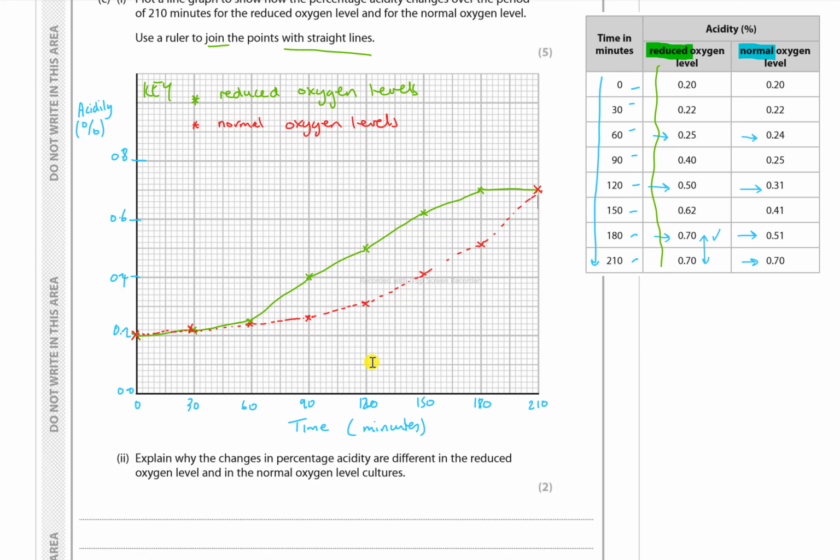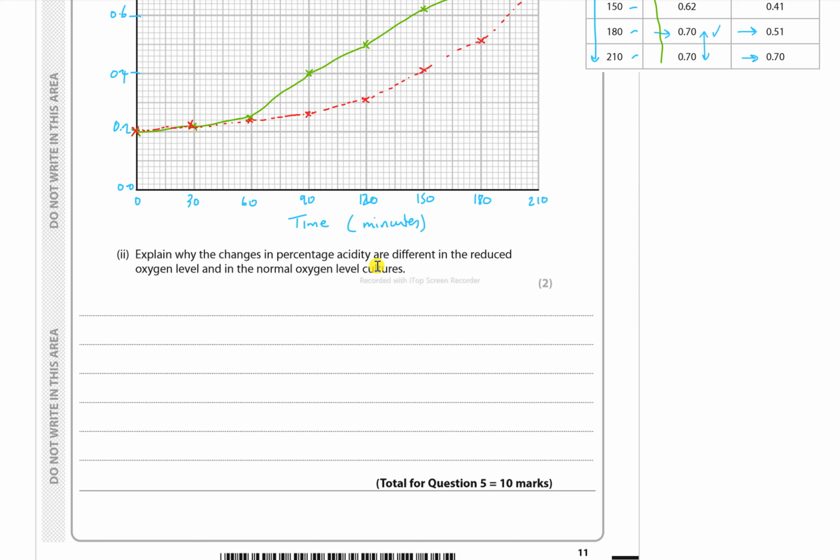Explain why the changes in percentage are different in reduced oxygen levels. Right. So you have less oxygen, so more anaerobic respiration takes place, and so you have less aerobic respiration.